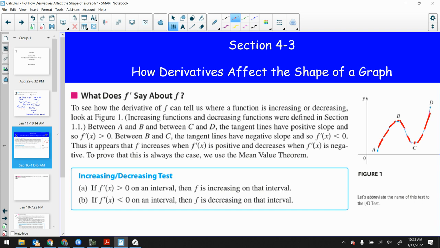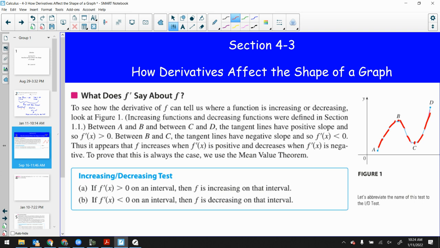And then as soon as it starts to turn back downward, the derivative starts to turn negative. The slope starts to turn negative. So I'm going along here and I'm saying, okay, up, up, up, up, up. And then as soon as I get to here, my slope is flat. And then as soon as I start turning down back toward the minimum, my slope goes negative.